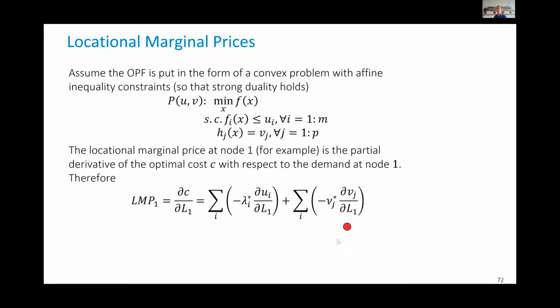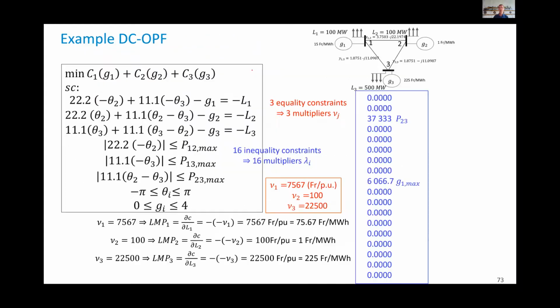So that is the formula for the marginal price, the additional cost I will need to pay if I increase by a small quantity the demand at node i. So this is called the locational marginal price of demand at a given node here. Again, a function that plays an important role in electricity markets because that tells us exactly where the price should settle if we do a price that depends on location.